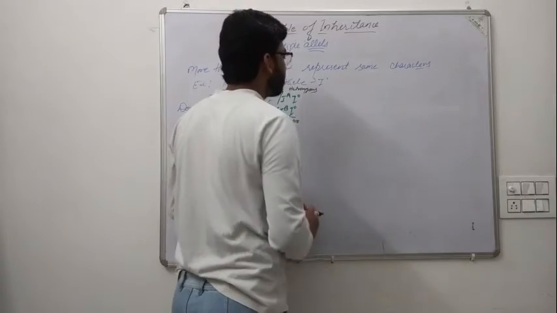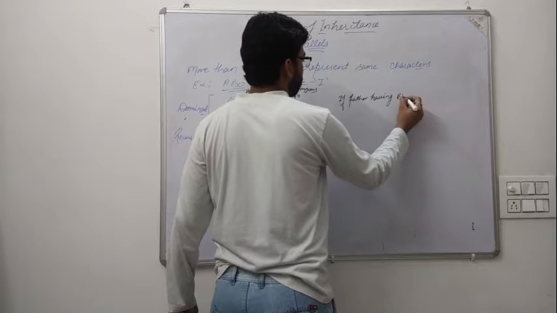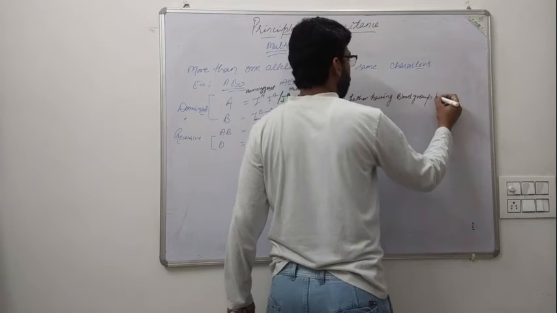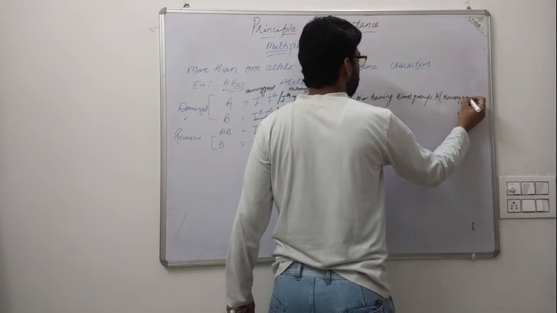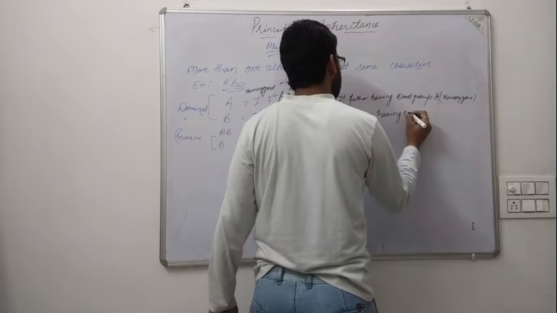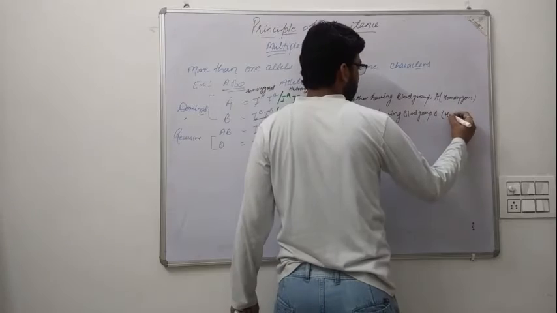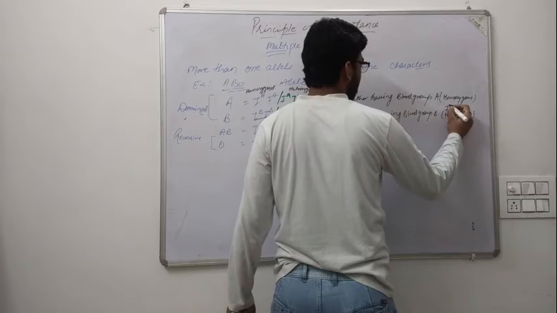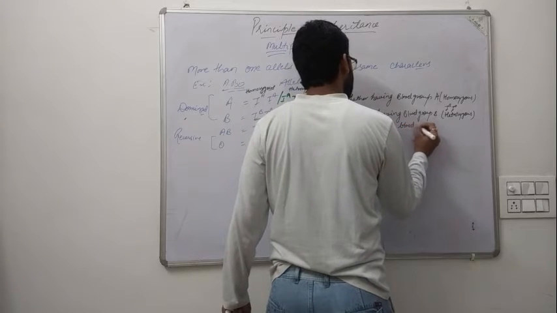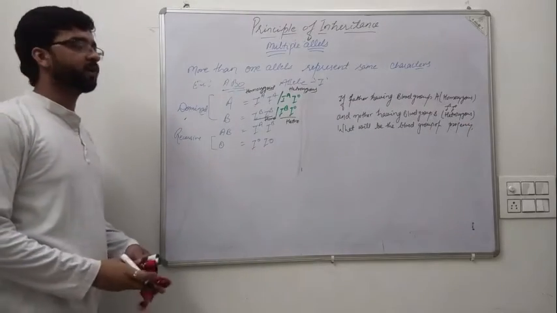Now the question is: if the father has blood group A that is homozygous, and the mother has blood group B in a heterozygous variation, IBIO, what will be the blood group of the progeny?